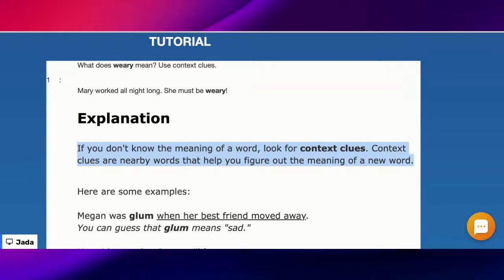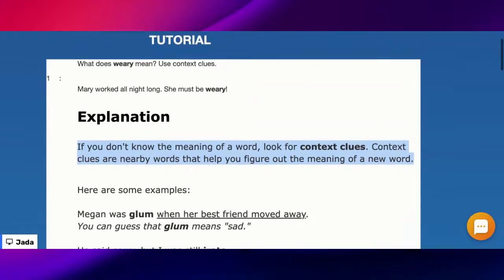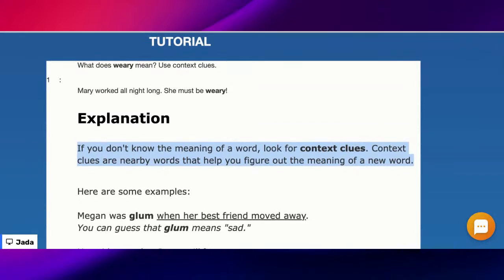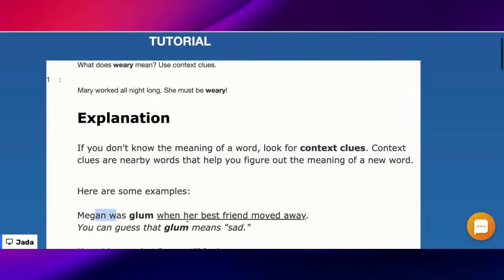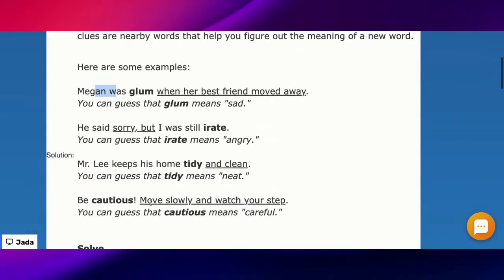Okay, so now we have some examples. We will go through the examples also. For instance, Megan was glum when her best friend moved away. What does the word glum mean?